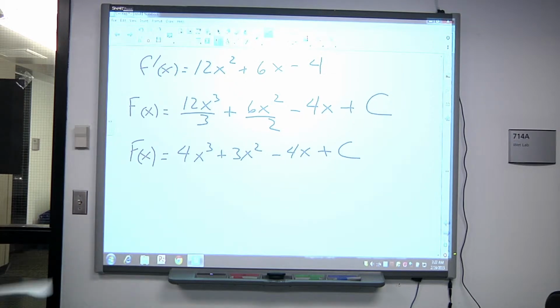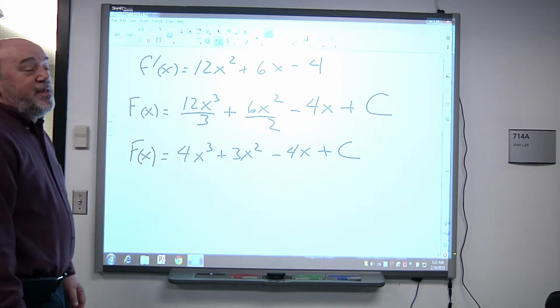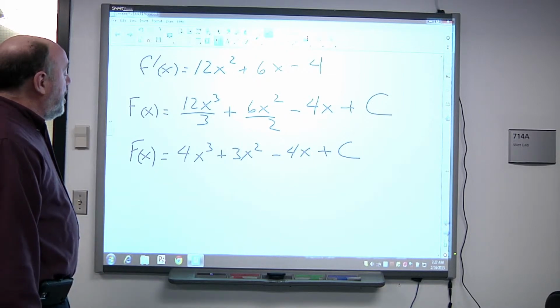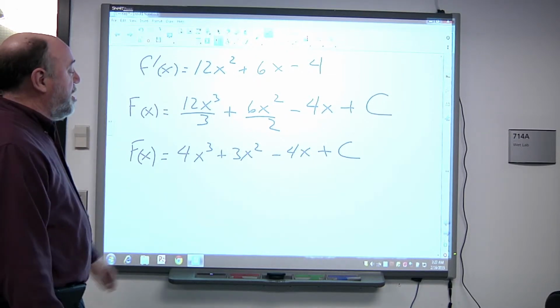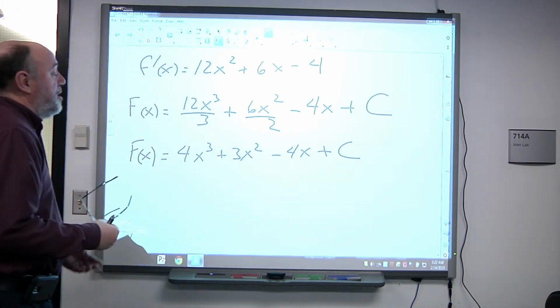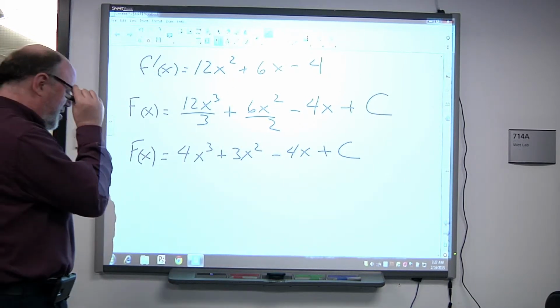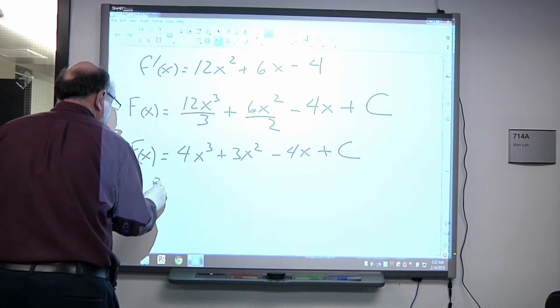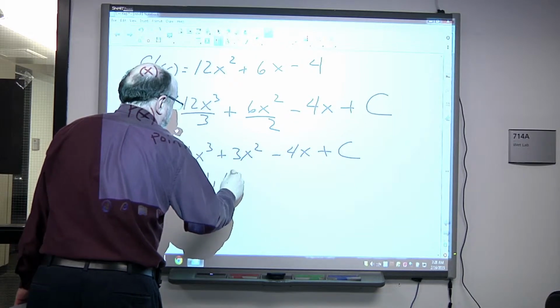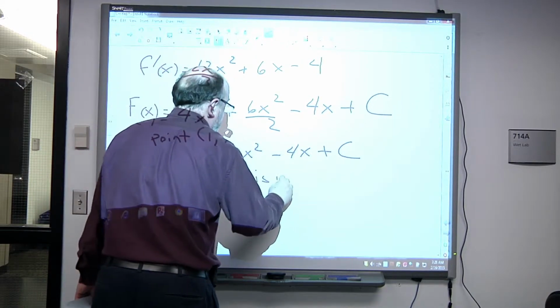So now, just like before we had derivatives, and if I gave you a point (x, y), we could actually get the slope. Now, if I have a point, I could actually know the exact equation because I could solve this and get c. So let's say, for our example then, that the point (1, 10) is on the curve.